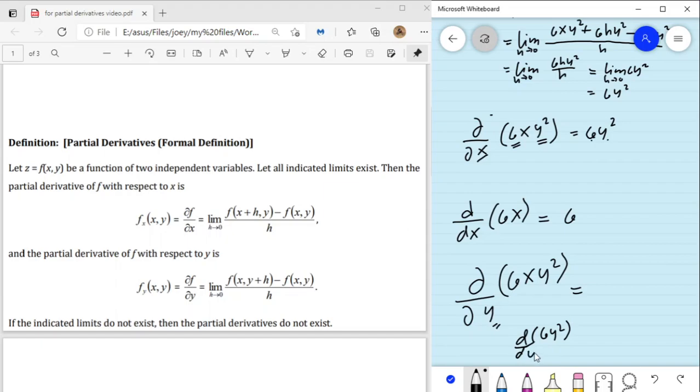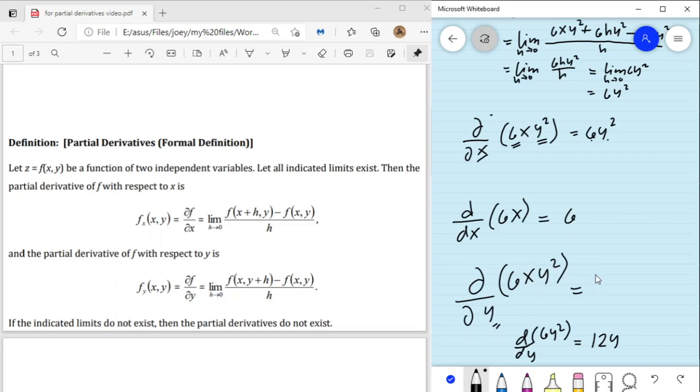We are to derive that with respect to y. The answer would then be 12y. Meaning, here, we simply multiply the exponent to the coefficient, then subtract 1 from the exponent. So we do the same here. We multiply the exponent to the coefficient, but this time x is included in the coefficient of y squared.